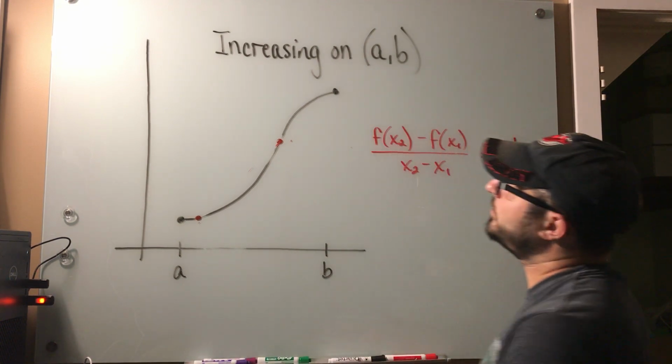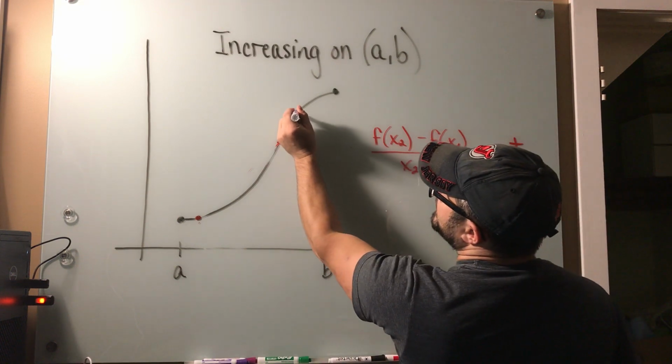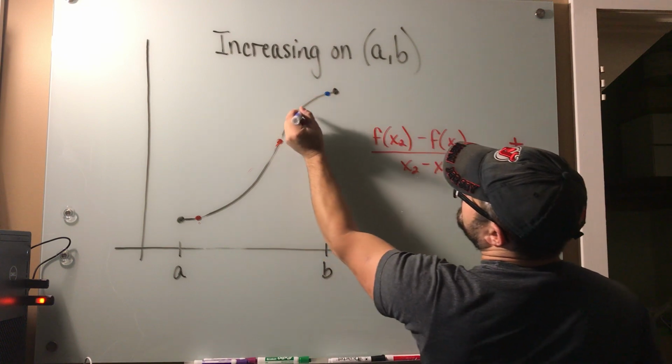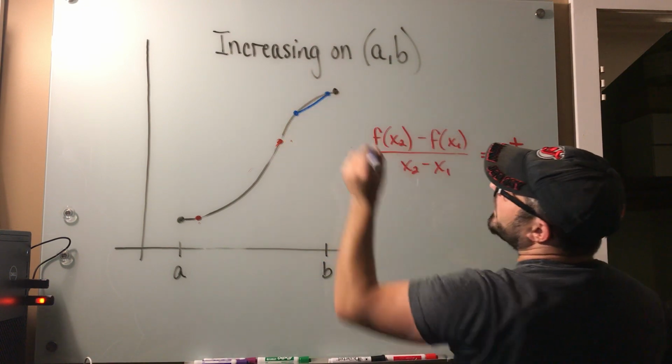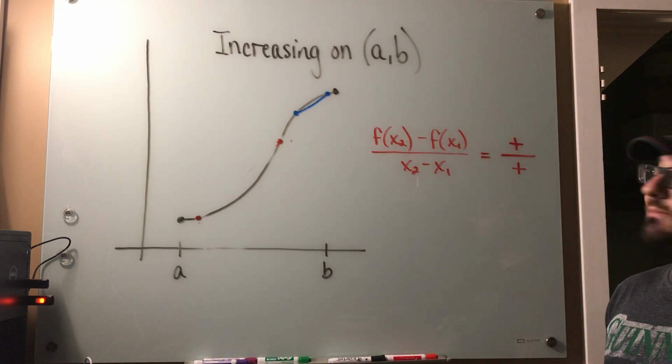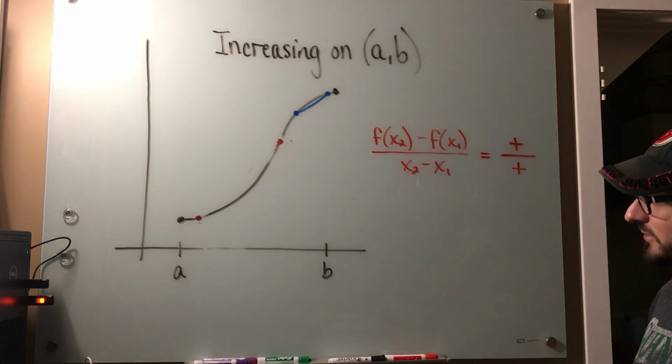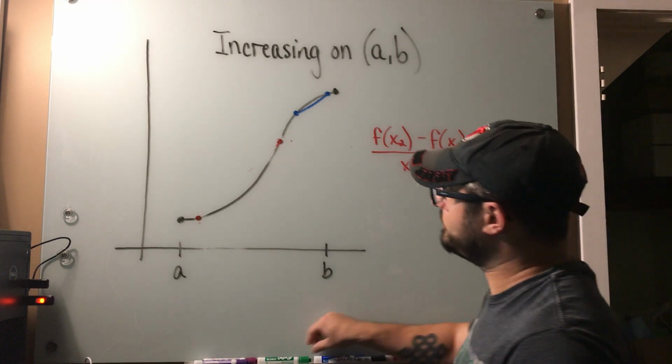It can be any 2 points you can think of. Maybe they're close together, maybe they're farther apart. But no matter where we choose them, the line segment connecting them will always have a positive slope. It will always be rising from left to right.